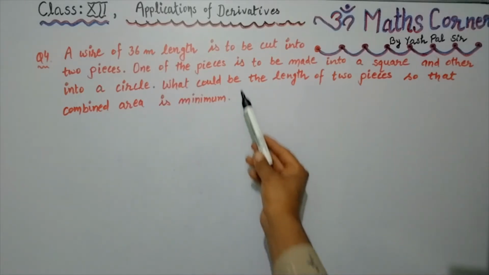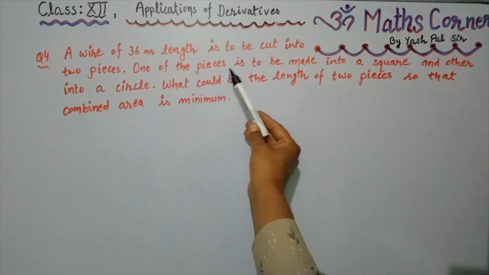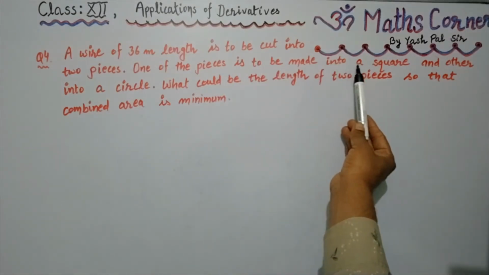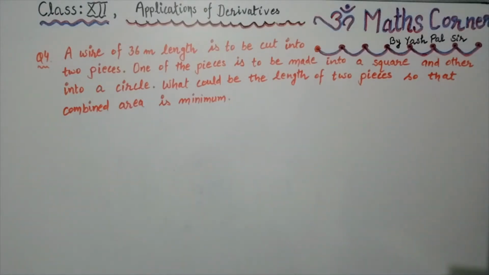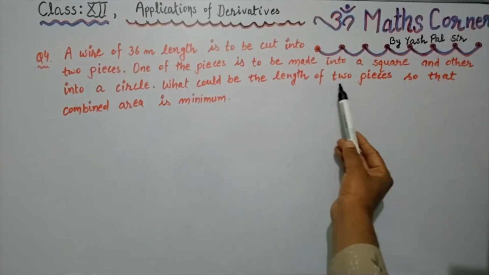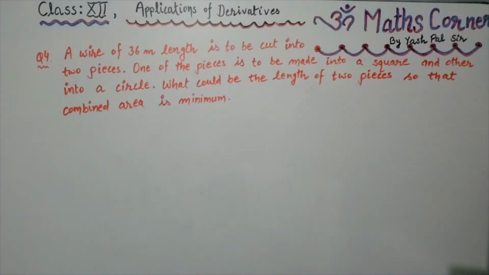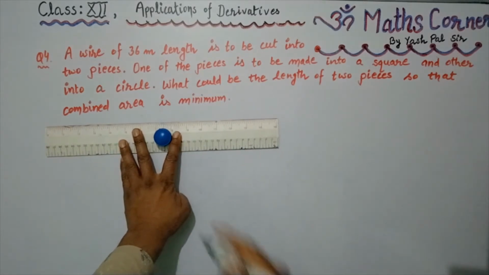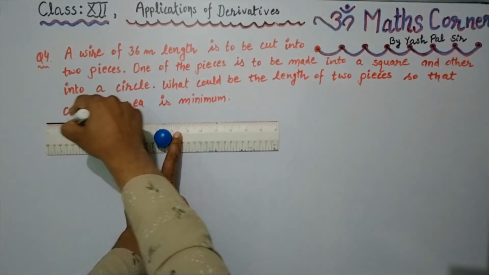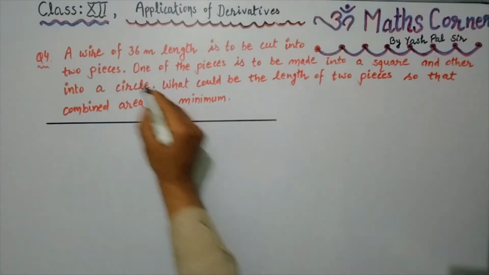A wire of 36 meter length is to be cut into two pieces. One of the pieces is to be made into a square and the other into a circle. What could be the length of two pieces so that combined area is minimum? First of all, suppose we have one wire. This is one wire.